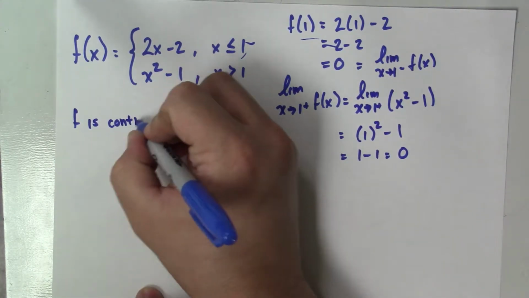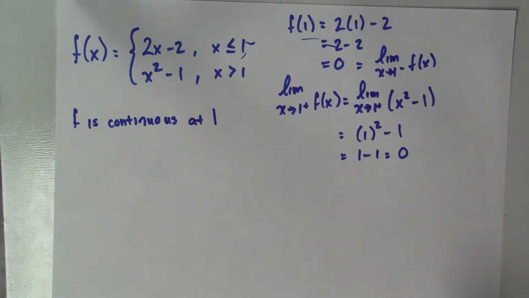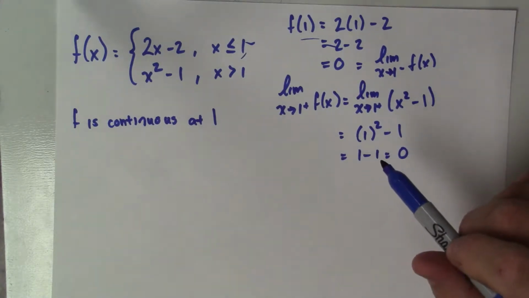F is continuous at 1. Now, here's where this is going to get gross. I have to evaluate the limit for both of these at 1. So, first of all, I'm going to be a little tricksy here.